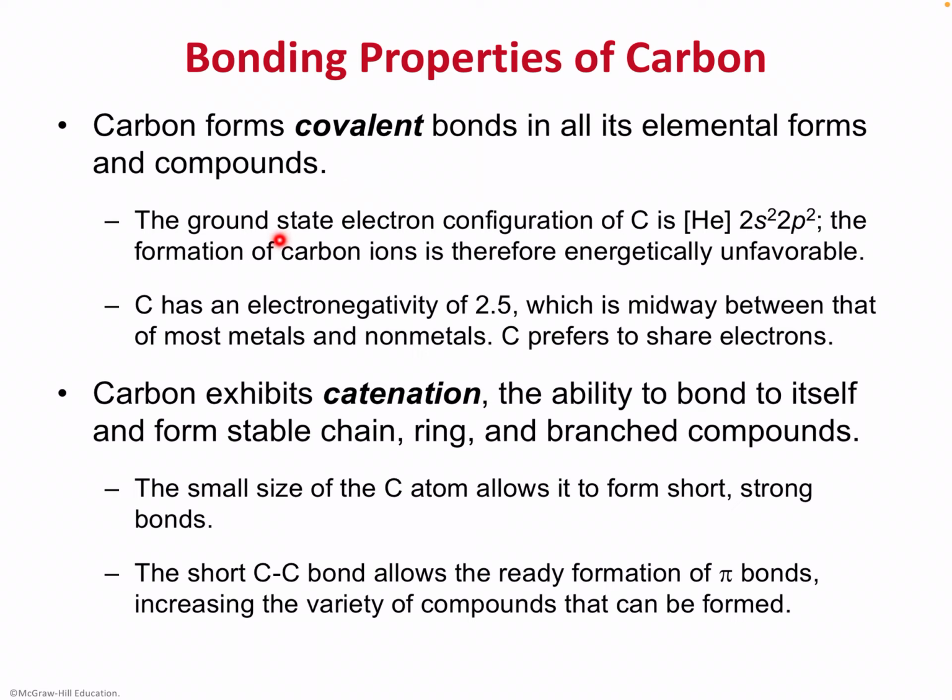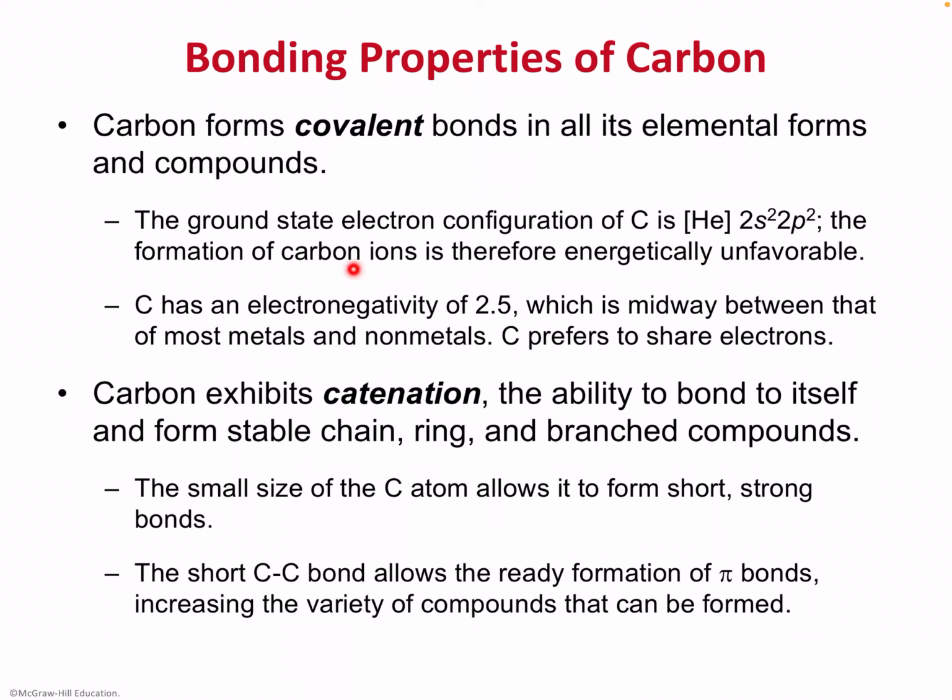We can see the ground state electron configuration of carbon: helium is the noble gas prior to carbon, and then carbon is in the second period. So after helium comes 2s2, 2p2. So there are 4 valence electrons, 2 plus 2. The formation of carbon ions is therefore energetically unfavorable.